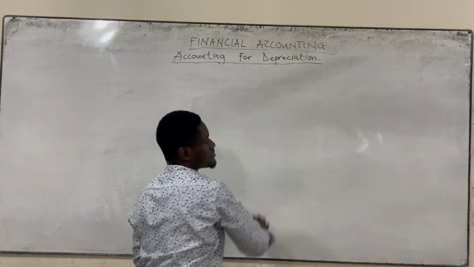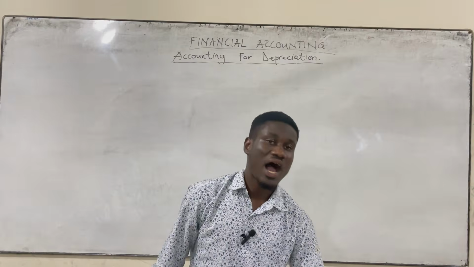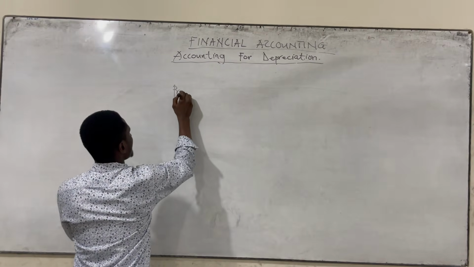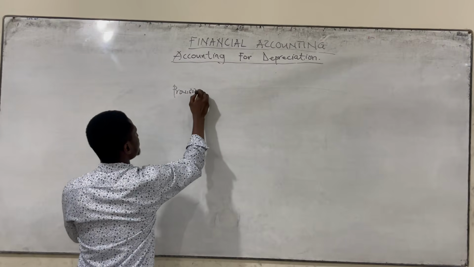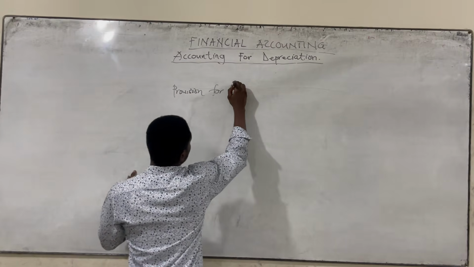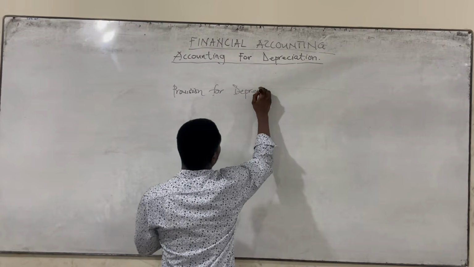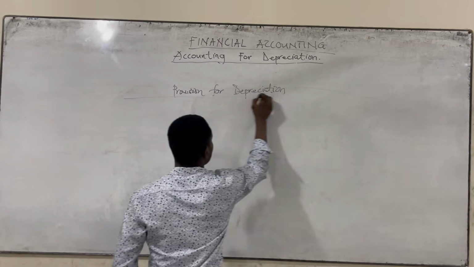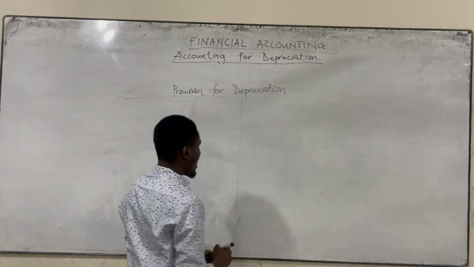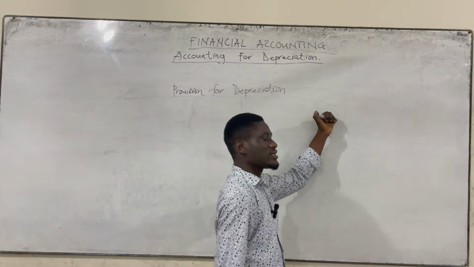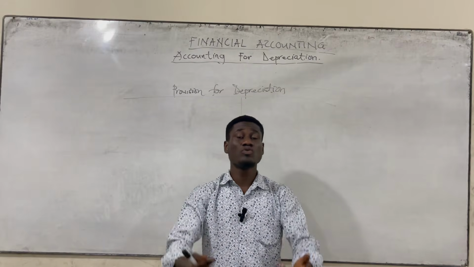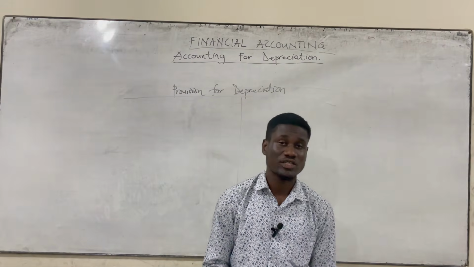So with the provision for depreciation, as I've already said, our yearly depreciation is coming towards the credit side. We already calculated for the new plant and machinery bought, and it was 4,000.